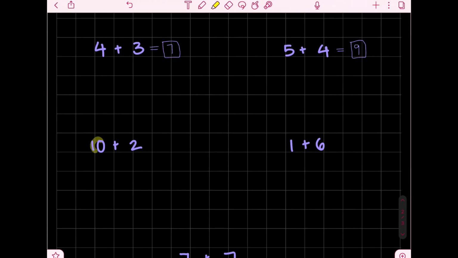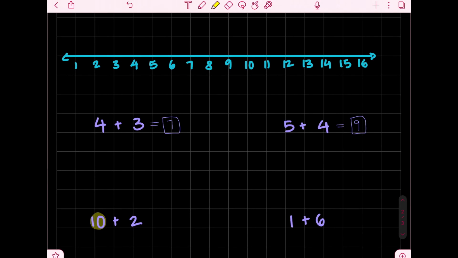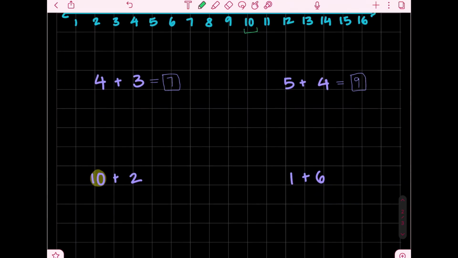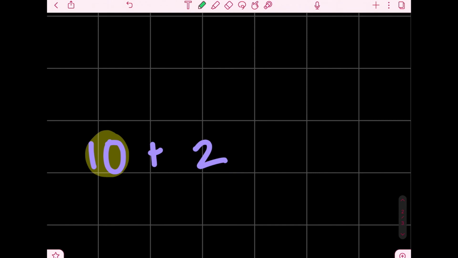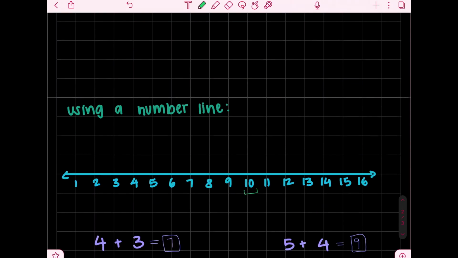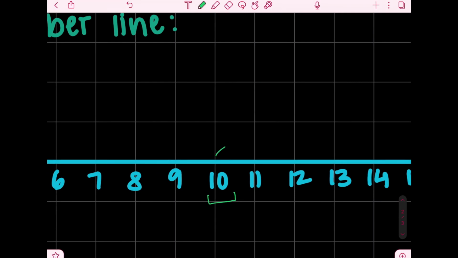So remember, our starting value is 10, so we're going to go all the way up, find number 10 on our line, underline it as our starting position. Go back to our problem, see that plus 2 is our next one, so we need to go over 2 boxes. So we go over 1 box, that's 1.